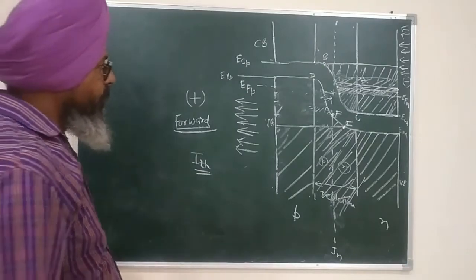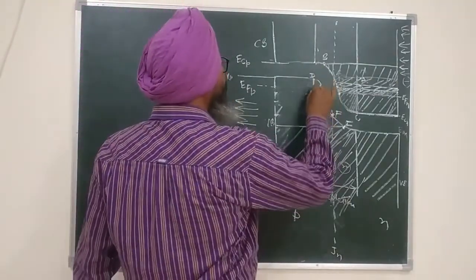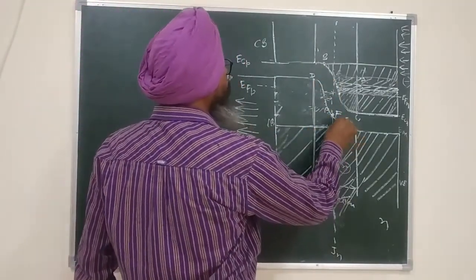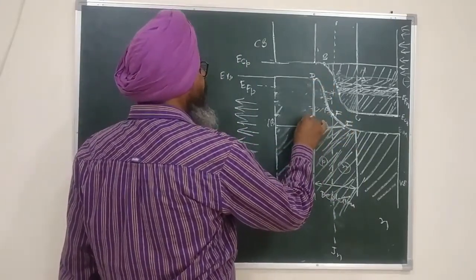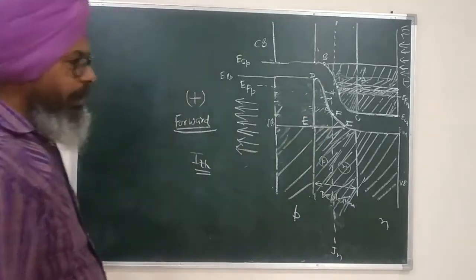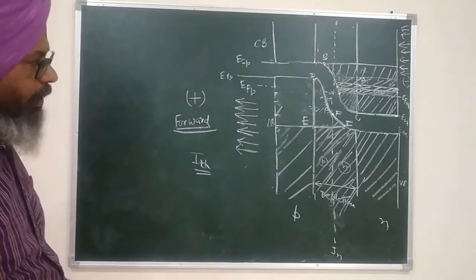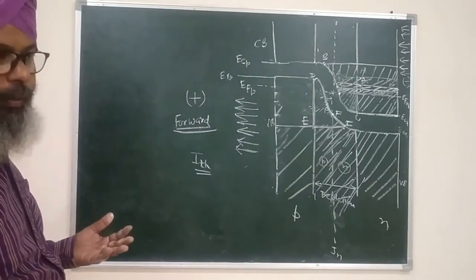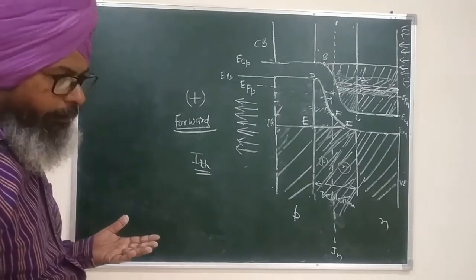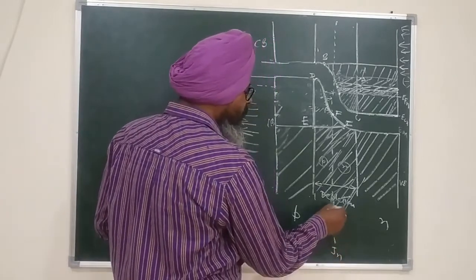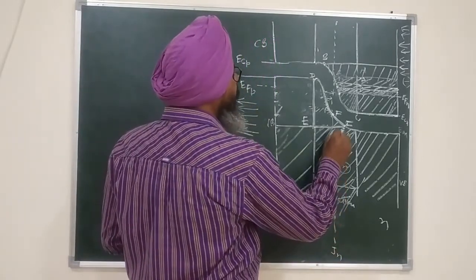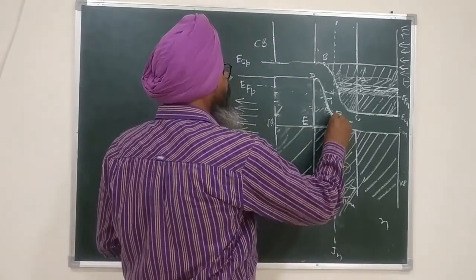Now, this empty region DEF is actually the acceptor band, and we know that the acceptor band is shown only by P-type semiconductor. But you know this dotted surface is actually the junction and it is passing somewhere here.